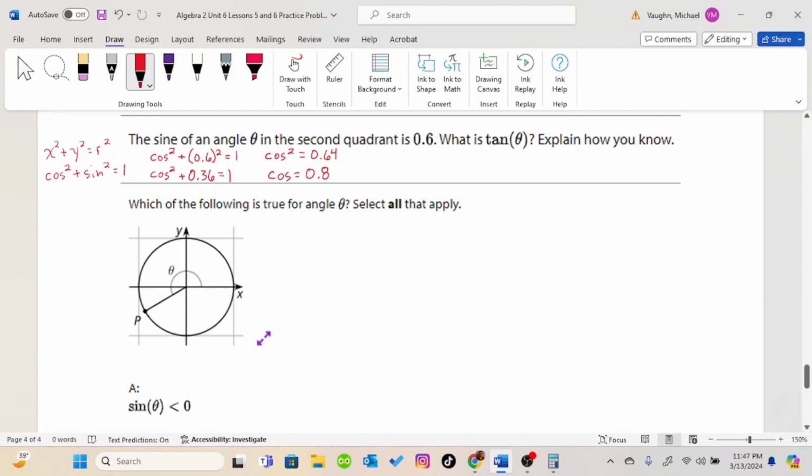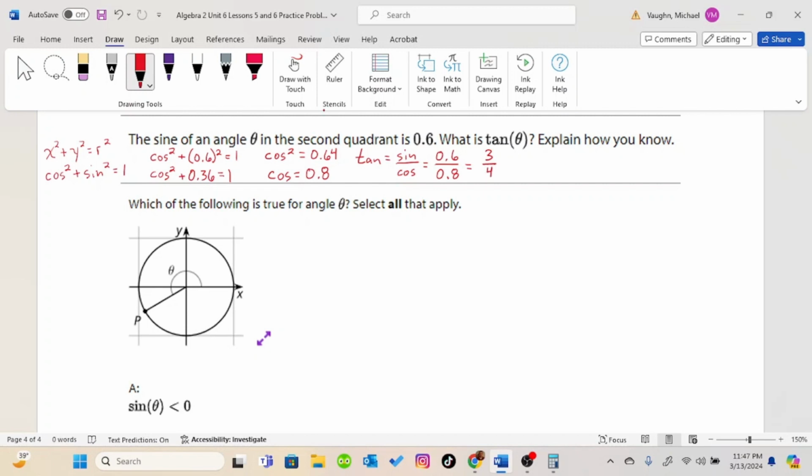So now I know what sine is, and I know what cosine is, and I know that tangent equals sine divided by cosine. So now I have 0.6 divided by 0.8, which is the same thing as 3/4.